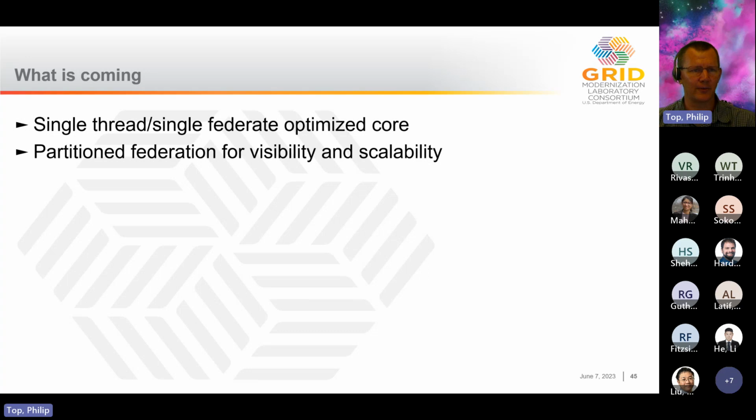And so having a single thread, single federate optimized core can reduce the thread count and reduce the amount of resources required to run a federation, and allows you to put more federates on a single machine if that is desired. And then the idea of a partitioned federation, which basically restricts the visibility of particular interfaces to different sublayers.